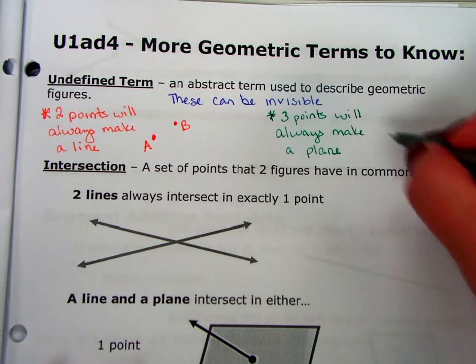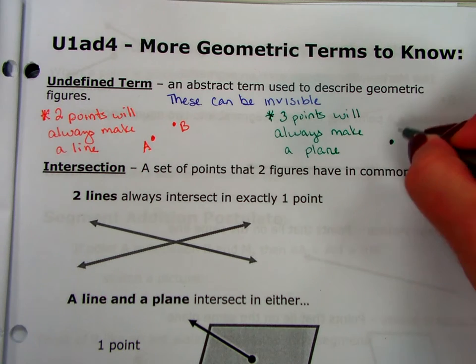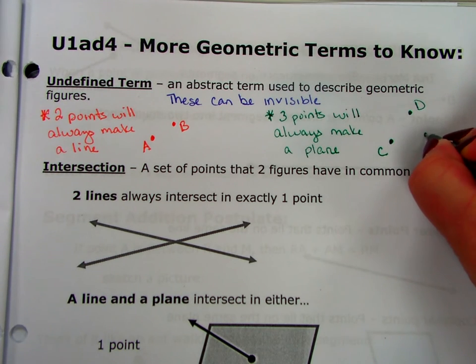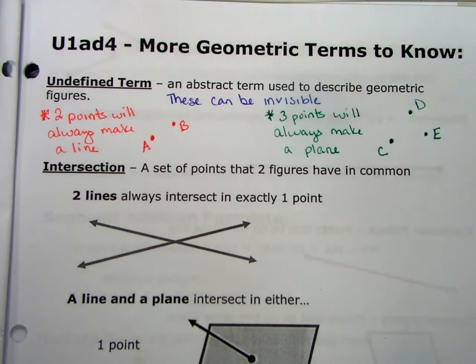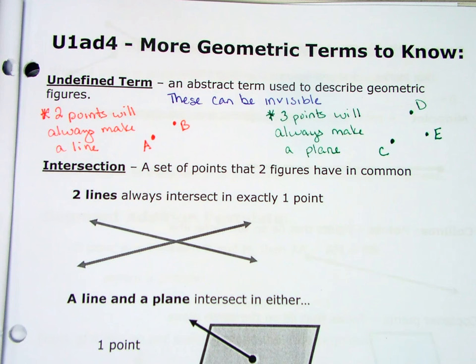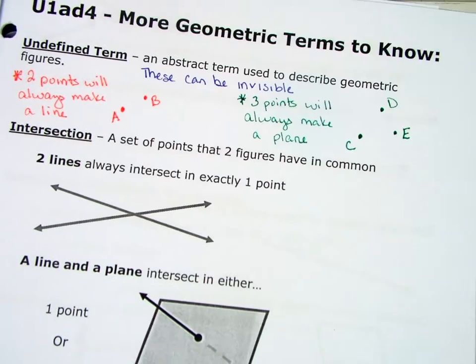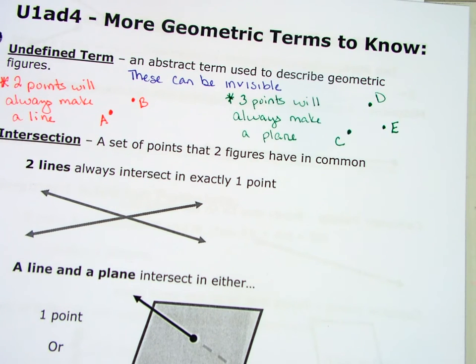Okay? So, for example, if I have C, D, and E, those 3 points will make a plane even if I don't have that little parallelogram drawn around them. You could think of your paper, right, as that plane. It's that flat surface those 3 things are on.